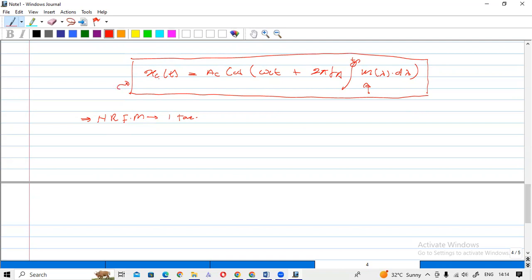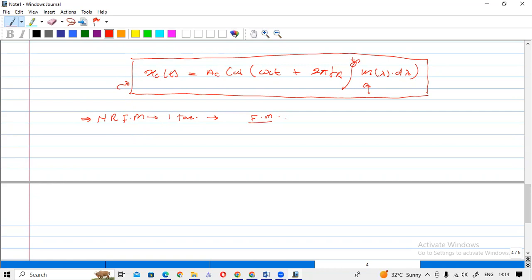In order to reduce the complexity, we are assuming this narrow band assumption. I will tell you what that is, and you have to consider the modulation for a single tone. Then we can try to find the frequency spectrum of the frequency modulated signal. I will explain it and upload it later.